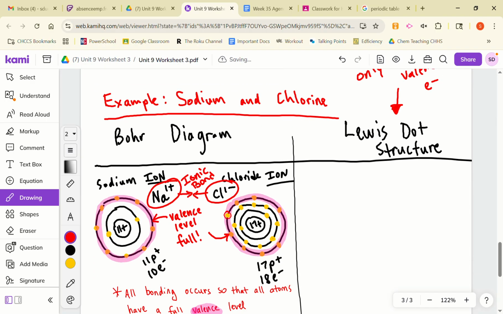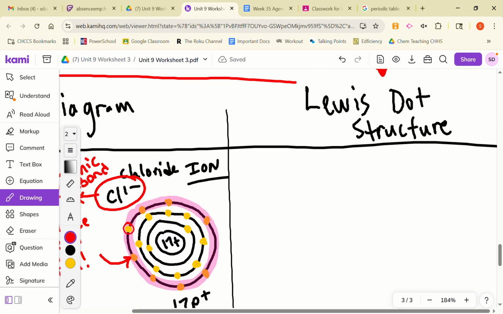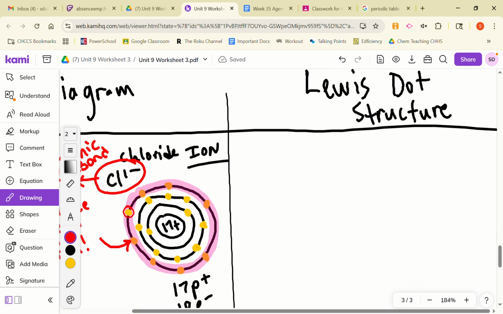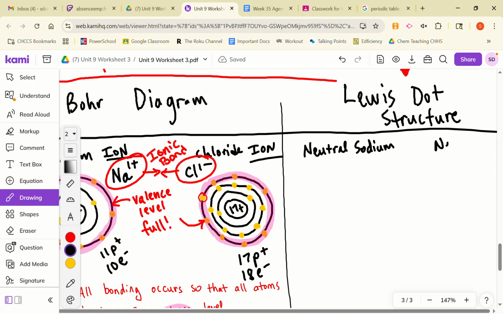So I'm going to focus on the Lewis dot structure for now. I'm going to draw neutral sodium, and then I'm going to draw neutral chlorine, and we're going to go through the same process again.